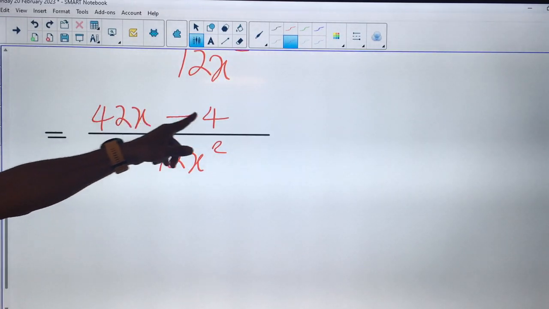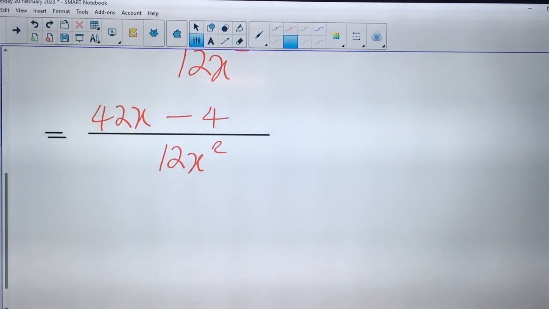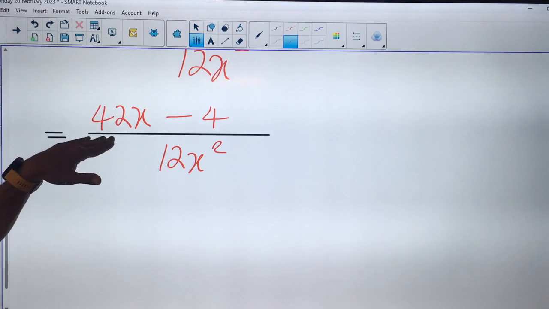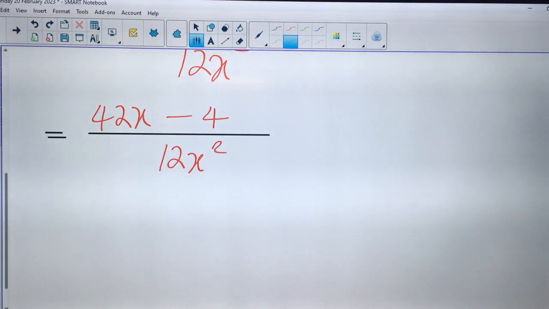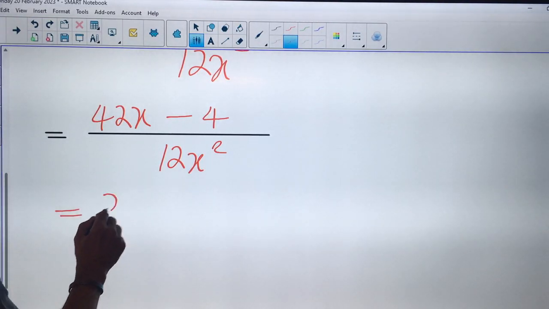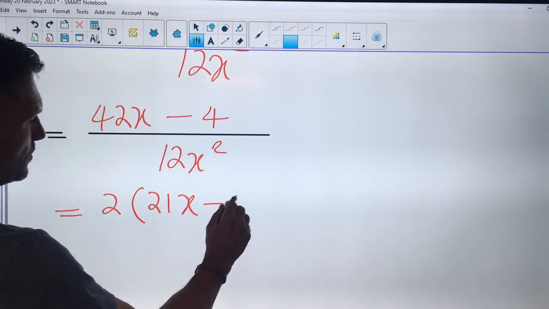Can we remove a common factor on top? What is the biggest number that divides into 42 and into 4? 2. Check. What is 42 divided by 2? It's 21. Okay, so we remove 2 as a common factor. That leaves me with that.